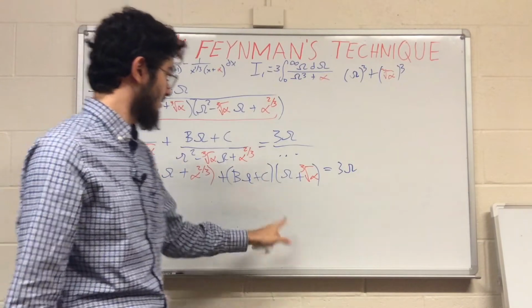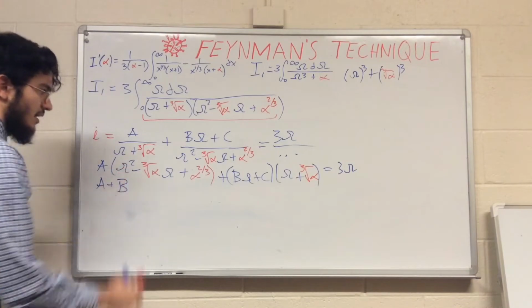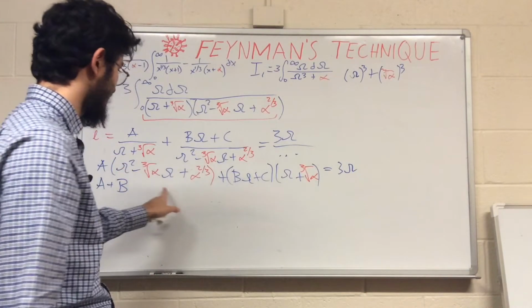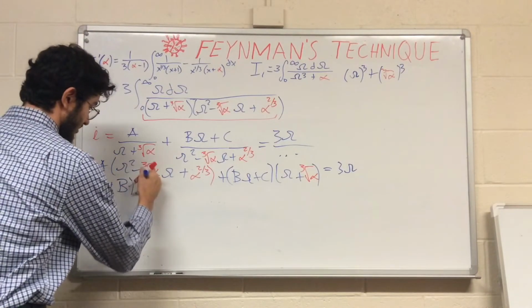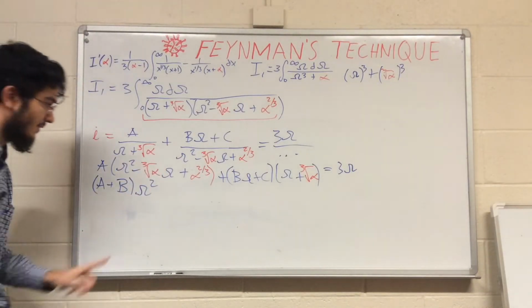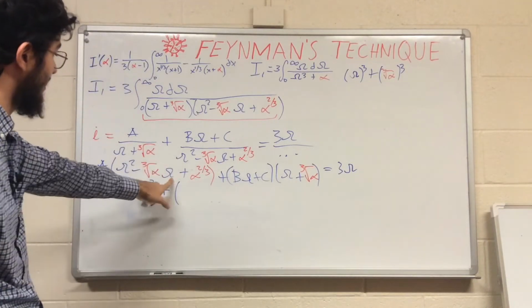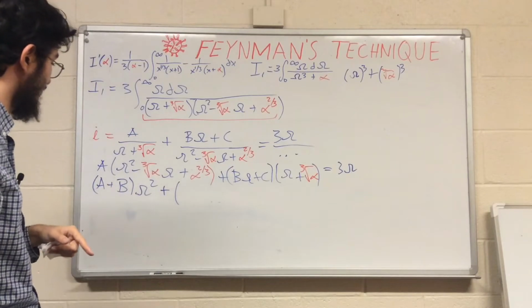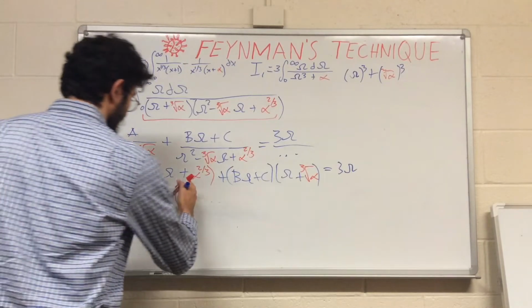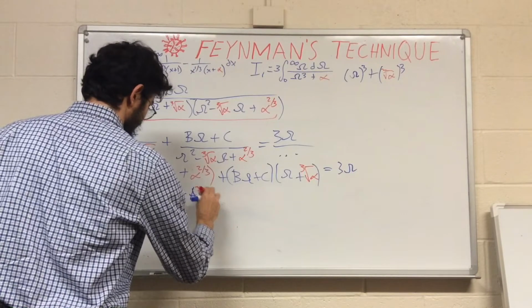B omega times omega gives us omega squared, so we have A plus B. That's it for omega squared, so omega squared times A plus B, plus, now let's look for all the factors that give omega. We have A times the negative of the cube root of alpha, so negative A times the cube root of alpha.